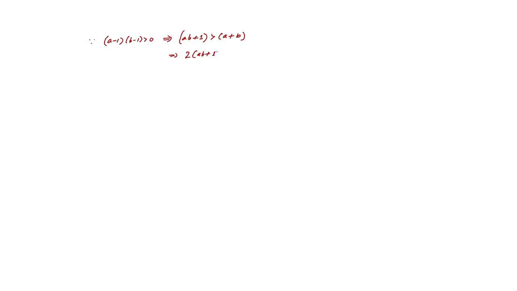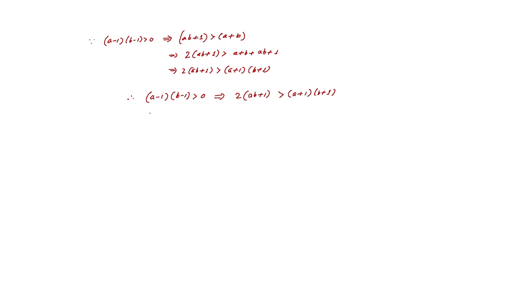So it will be 2 into (AB plus 1) greater than A plus B plus AB plus 1. And that we can write as 2 into (AB plus 1) greater than (A plus 1) into (B plus 1). So what we have done here: we get (A minus 1)(B minus 1) greater than 0, that implies 2 into (AB plus 1) is greater than (A plus 1) into (B plus 1).